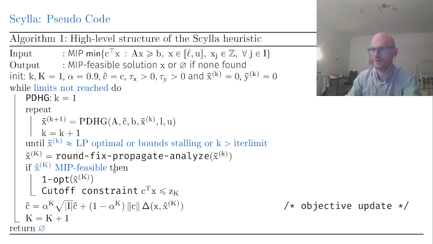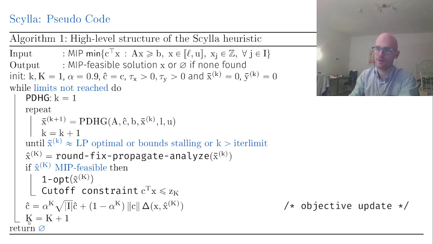Otherwise, the analyze part here is if we didn't find a MILP solution out of a round, fix and propagate procedure, it means we have something infeasible, and in that case we have a conflict, and that conflict can be exploited to derive new constraints that are added to the problem, and that can make the future search process better.